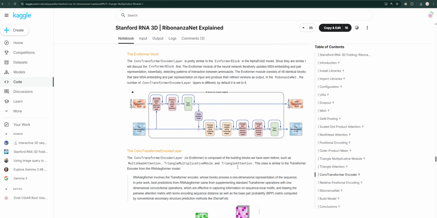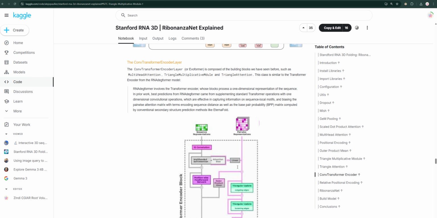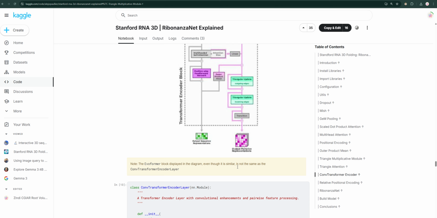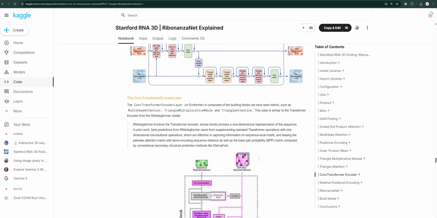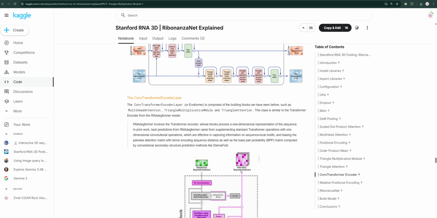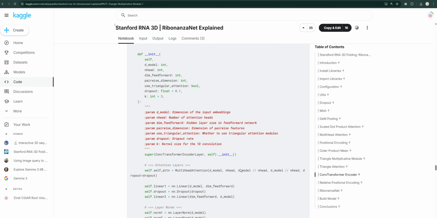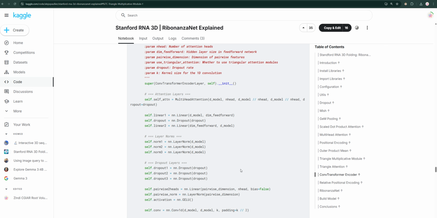What makes this architecture special is that information flows bidirectionally between the sequence representation and the pairwise representation. The model doesn't just use pairwise information to update the sequence understanding. It also uses the sequence understanding to refine the pairwise information. This constant back and forth allows the model to continuously refine its understanding of both local sequence patterns and global structural constraints.